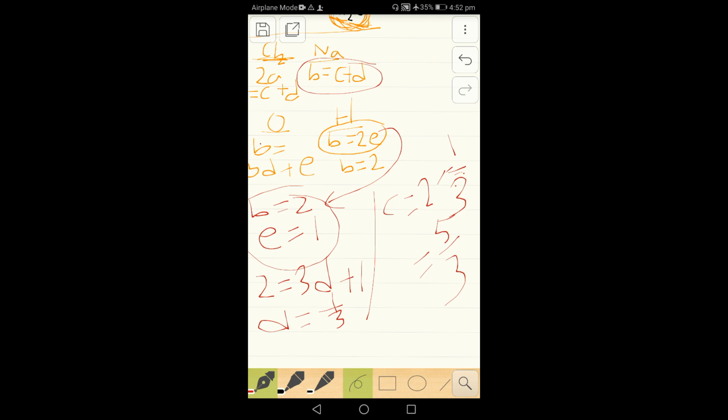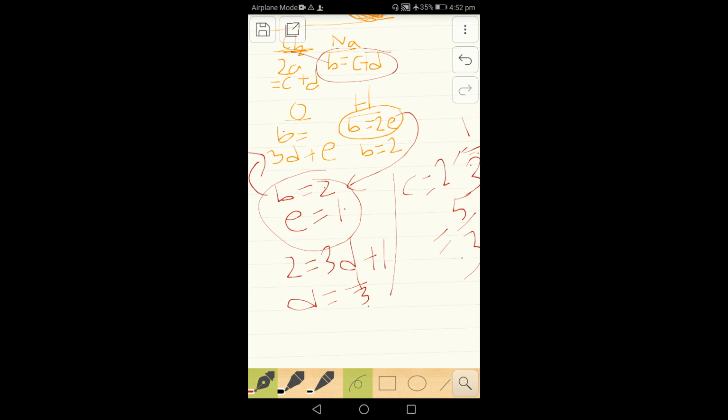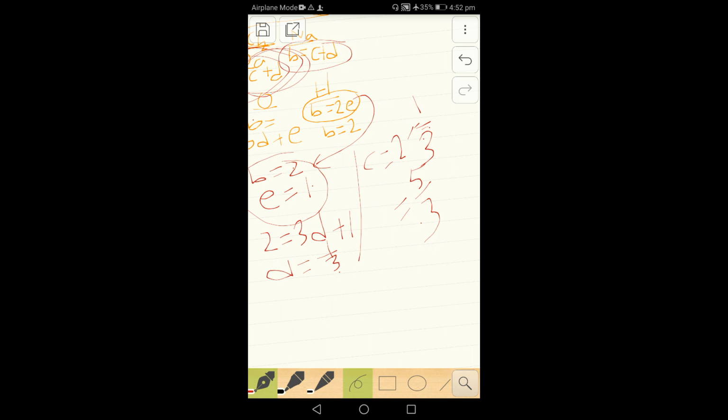Now we have got B, E, D and C. So we have got all of them almost. Now let's put it into this equation of chlorine to find the value of A. Let's put the values of C and D. C is equal to 5 by 3 and D is equal to 1 by 3.